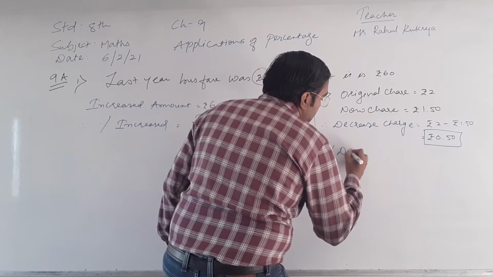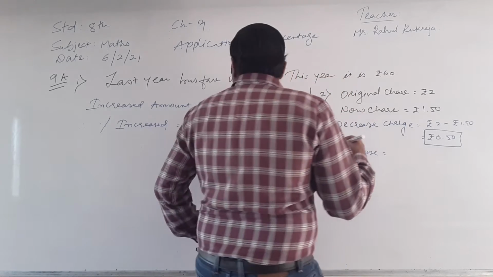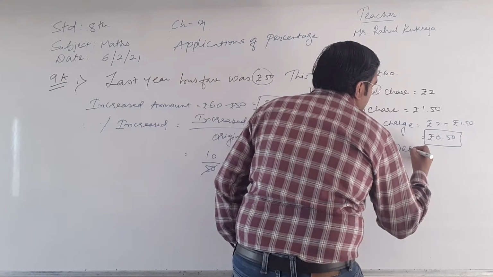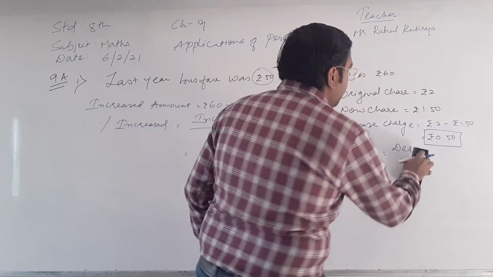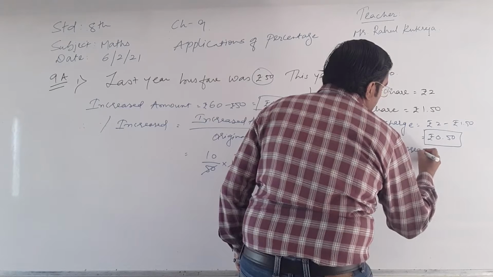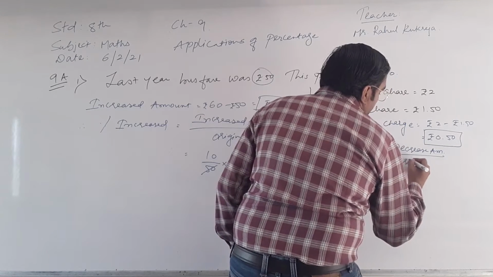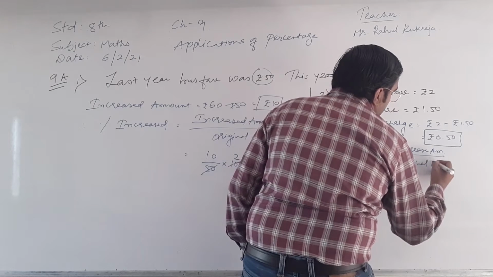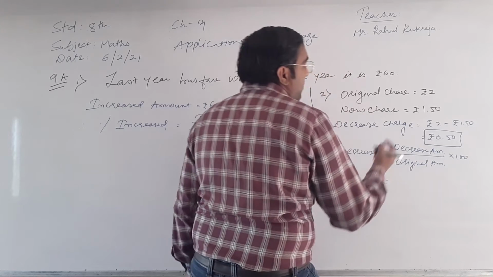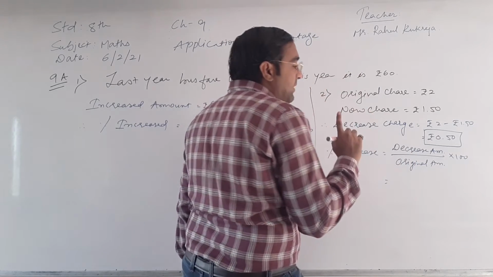So percentage decrease is equal to decrease amount upon original amount into 100. The decrease is 0.50 rupees.